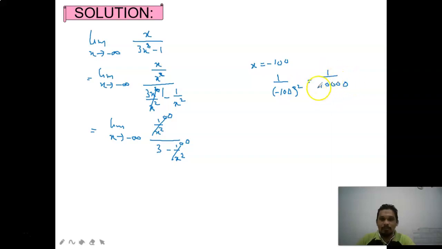So 1 over a big value approaches 0. Okay, so then 0 and 0, so for this one now, 0 divided by 3 minus 0 equals 0.